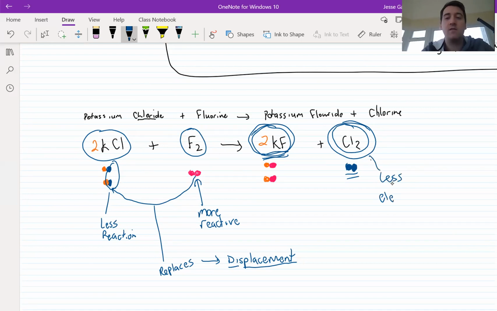And if it's less reactive, then it cannot replace the more reactive one. So this displacement reaction only works when you're adding a more reactive element to a compound that contains a less reactive element. All right, it really is that simple. More reactive always replaces less reactive in a compound.